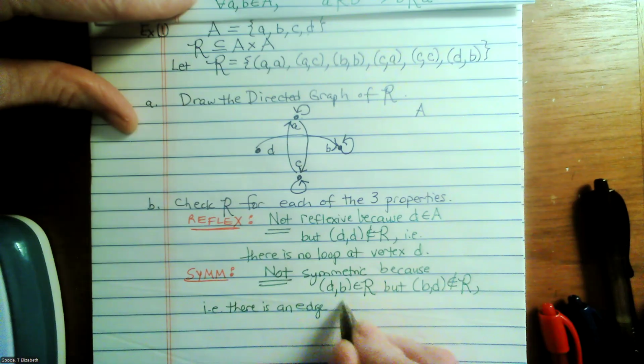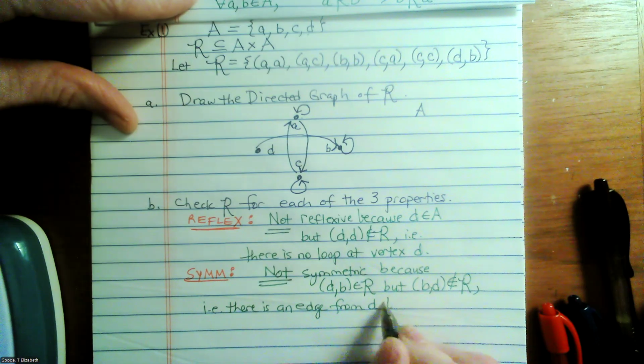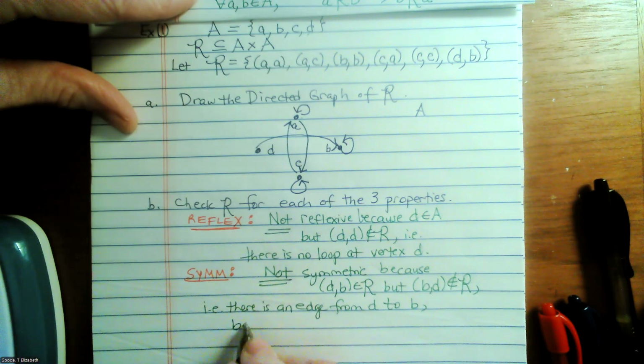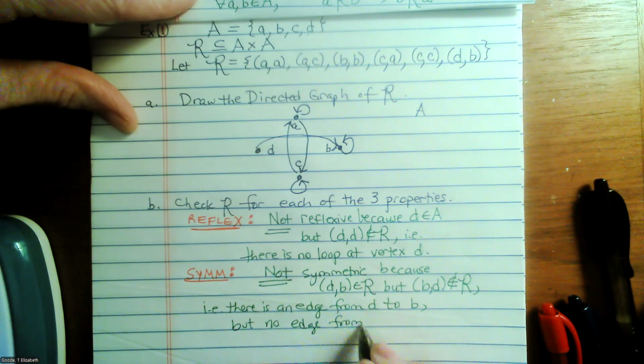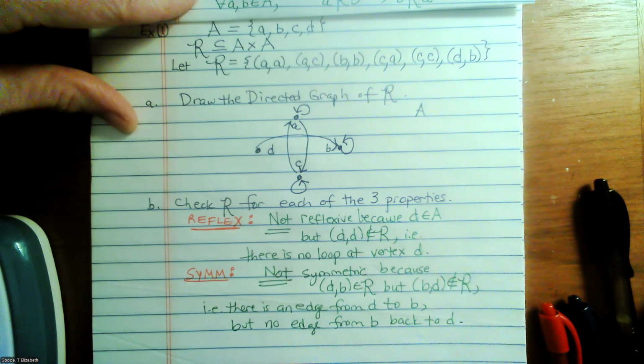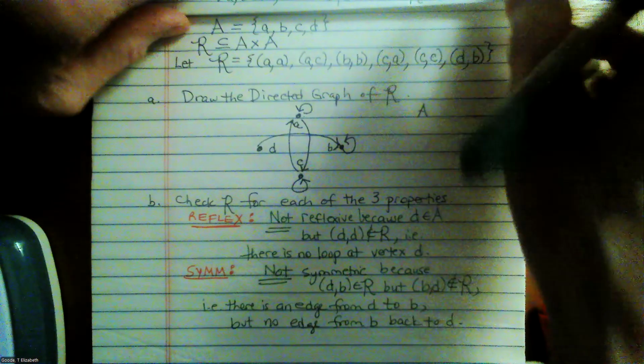There is an edge from D to B, but no edge from B back to D. So it's not symmetric. All right, good.